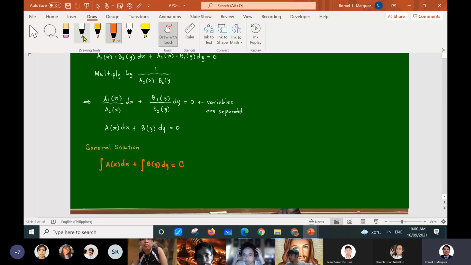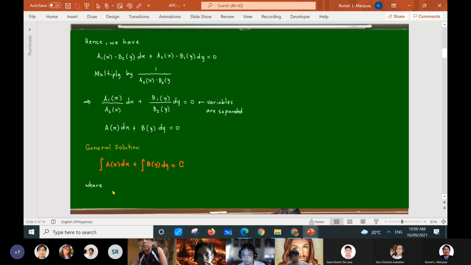So this is the solution. This c, the right side, is an arbitrary constant obtained from integration.